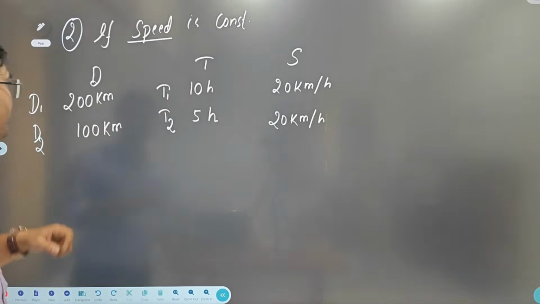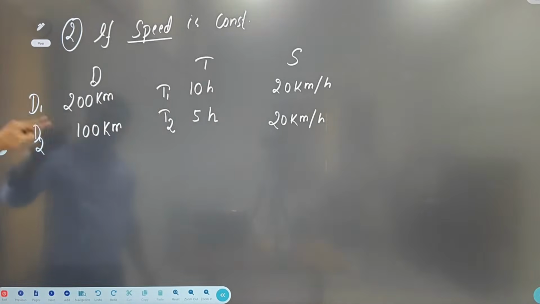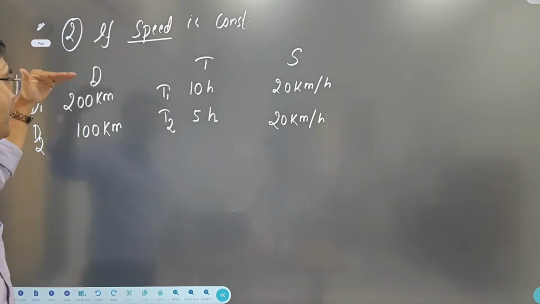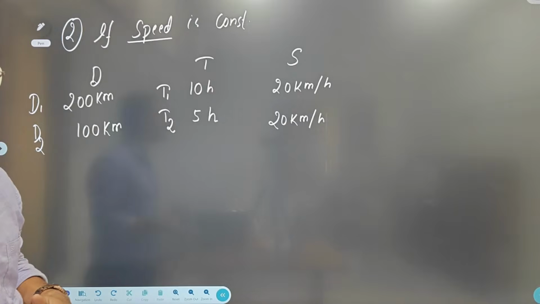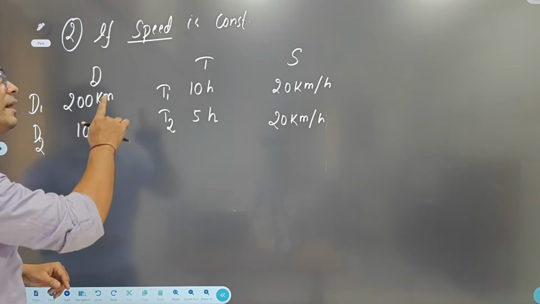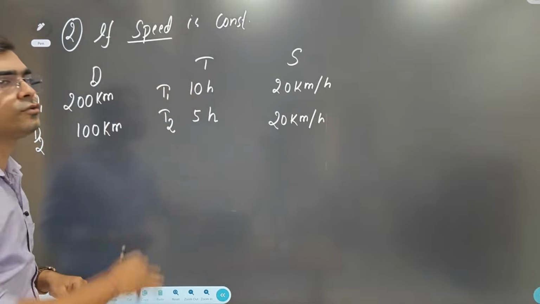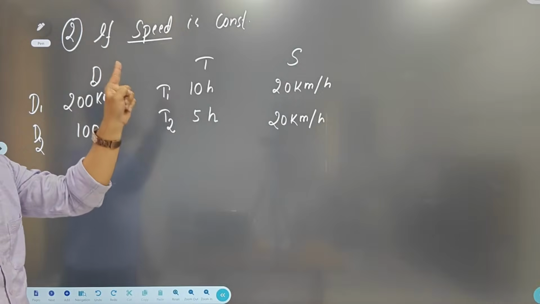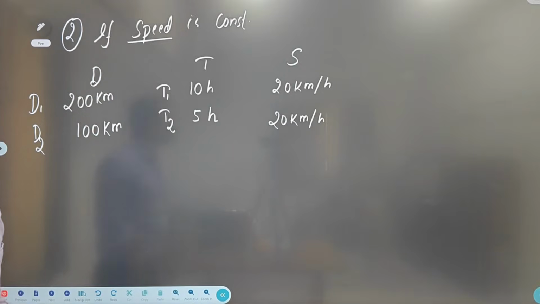One more observation. When the distance is decreasing, what is happening? Time is also decreasing. Distance decreasing, time is also decreasing. So we say that whenever one variable is decreasing and at the same time the other variable is also decreasing, then we say that both the variables are connected with direct proportion. What is direct proportion?